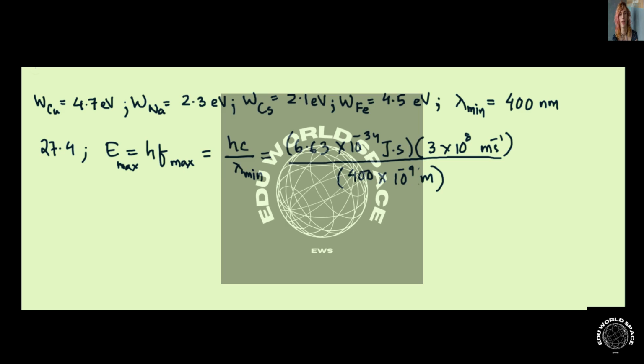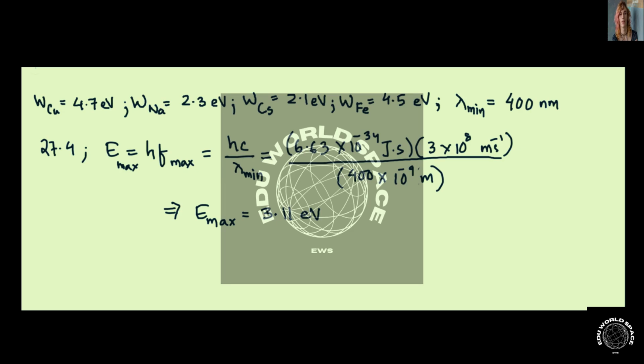So we do the calculation and we get E max is equal to 3.11 electron volts. So this is in joules.